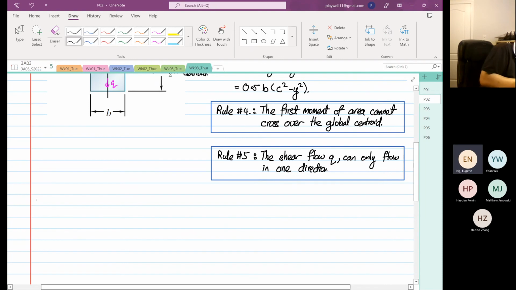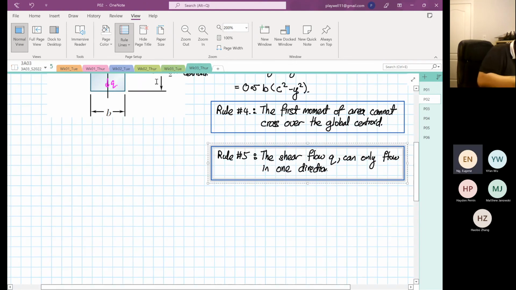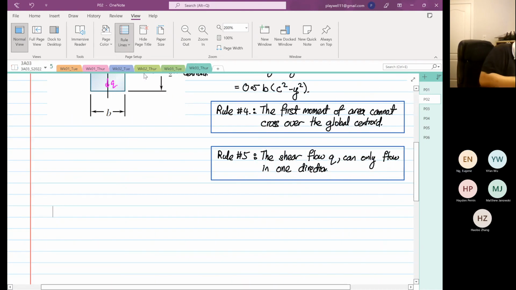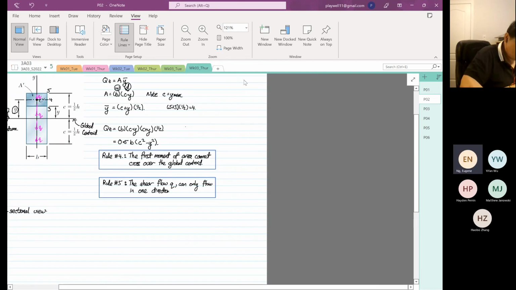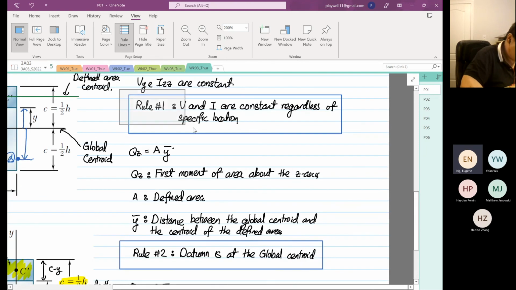So if we have our cross-sectional view, and remember the 5 rules, what I'll do is gather all the rules together.